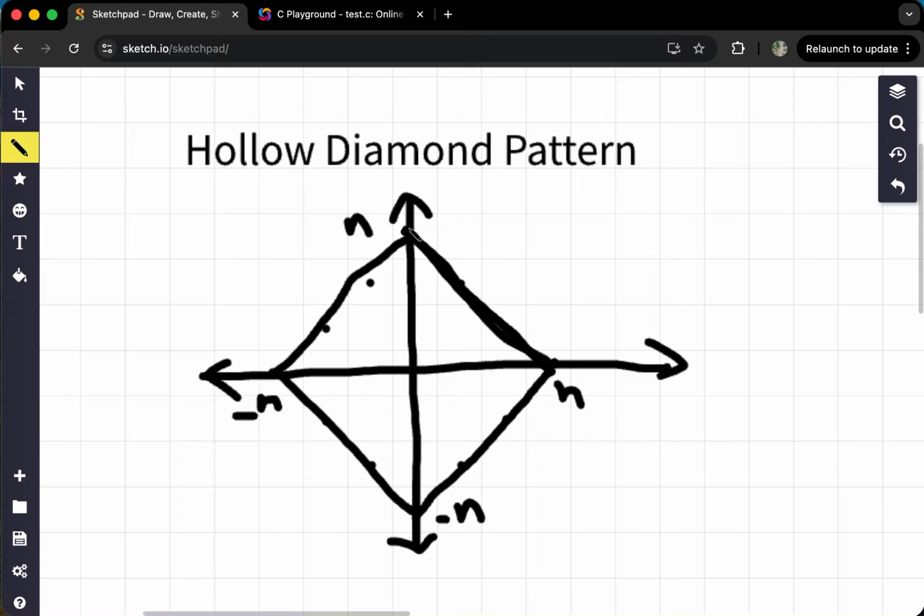If you consider this point, here x equal to 0 and y equal to n. So we have x plus y equal to n. Similarly, if you check for this point, we will have y equal to 0 and x equal to n. So if we add x plus y, we will get n. For all the points in this line, we will get the same equation. So for this line, we have equation x plus y equal to n.